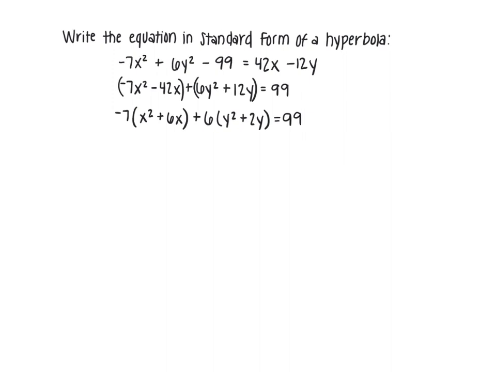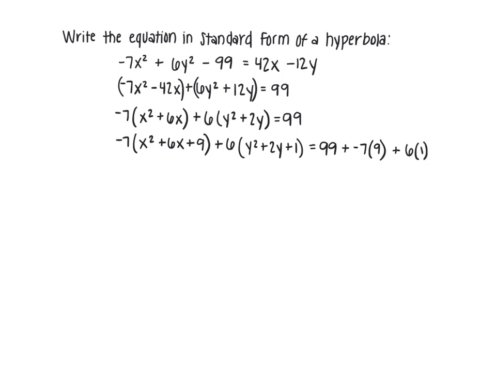So here, if I complete the square, I end up with -7 times x squared plus 6x plus 9, because 6 divided by 2 is 3, 3 squared is 9, plus 6 times y squared plus 2y, and now 2 divided by 2 is 1, 1 squared is 1. And if I add something to the left, I have to add it to the right, so I have to add -7 times 9 plus 6 times 1.